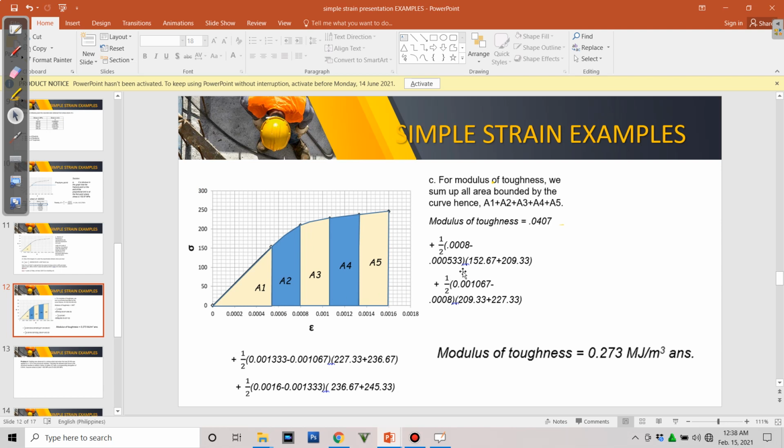For the height, this is the difference between the first point and the second point. We do the same for area 3, getting the difference of the x and y axis, and for 4 and 5 also. So we sum that up, and we get the modulus of toughness equivalent to 0.273. Okay, moving on to the next problem.